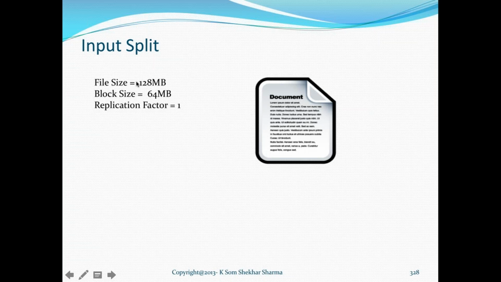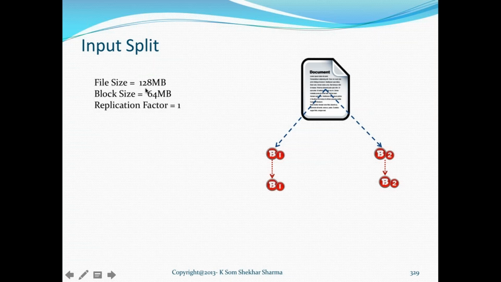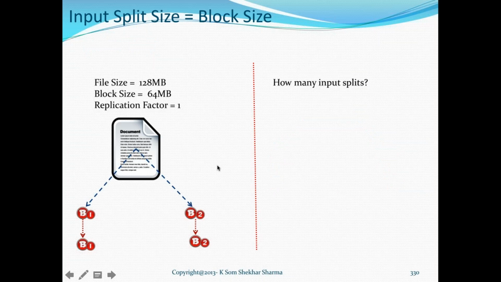Now, here your file size is 120 MB. Your block size is 64 MB. Replication factor 1. So how many blocks will it be broken into? It will be broken into 2 blocks, B1 and B2, with replication factor 1. So how many input splits are there?